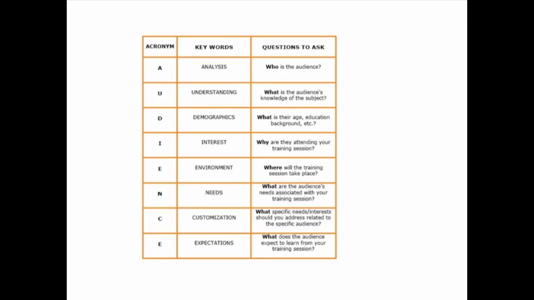And then probably some of you have heard of, just to keep the nice little audience thing going, they have like interest, environment, needs, customization, expectations. But when we get to interest, we're starting to talk more about psychographics, like what do those demographics mean? Like, what is their interest in it? What is their connection with this?